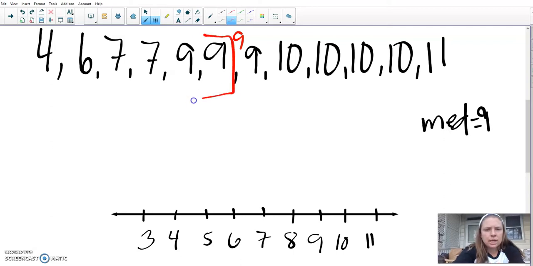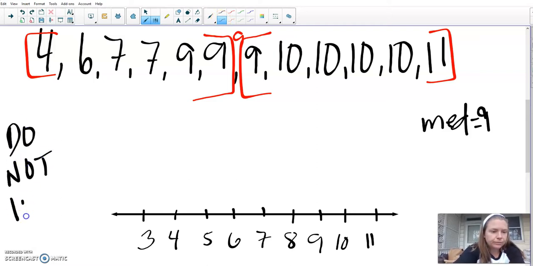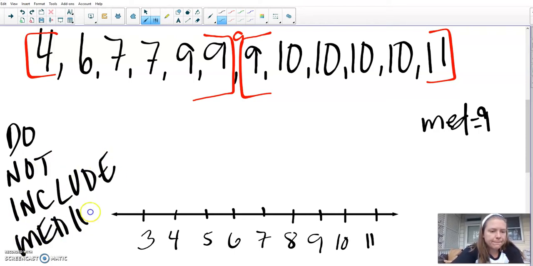What we need to now do is cut our data in half, and you do not include the median. You do not include the median in your half. I'm just writing this because I'm annoying, okay? Do not include that median when you cut them in half, okay?